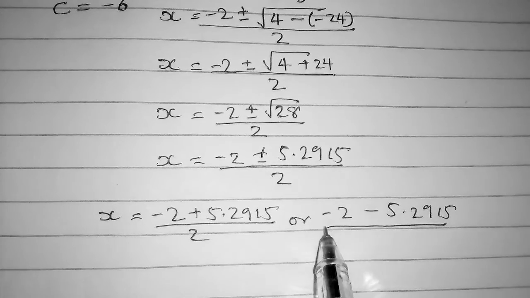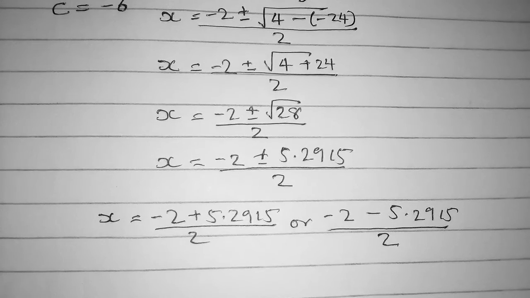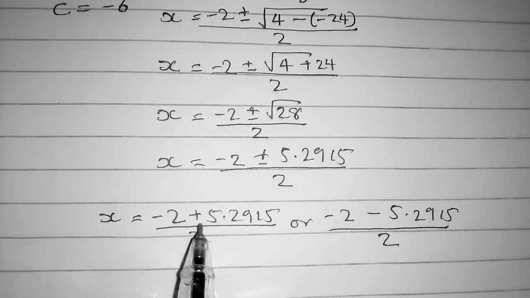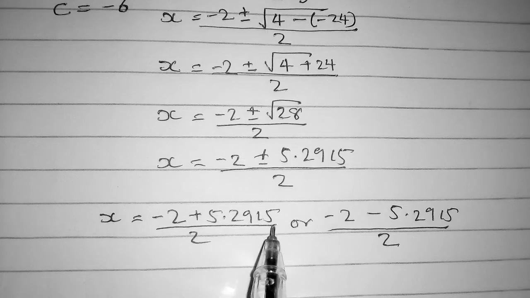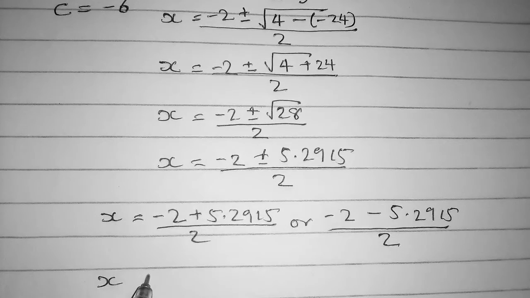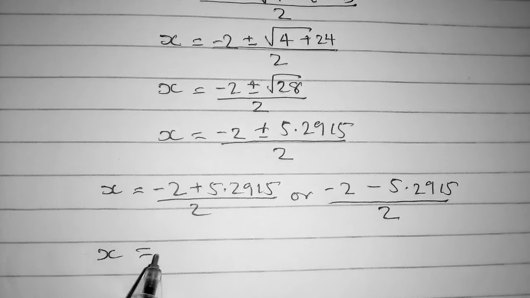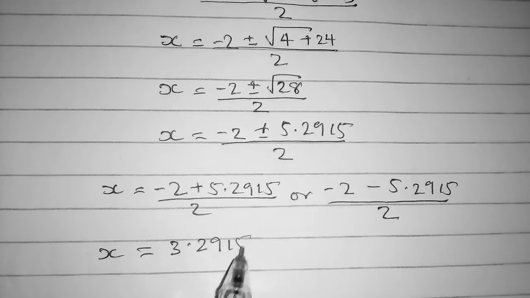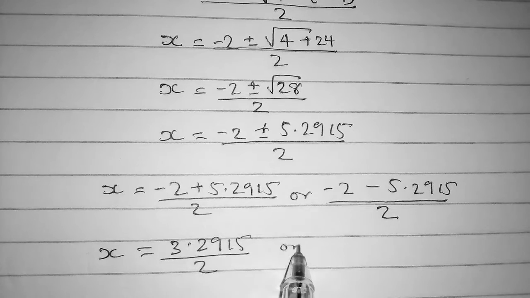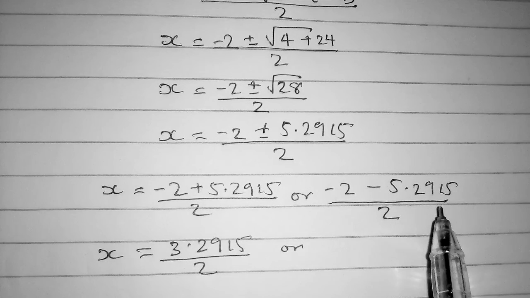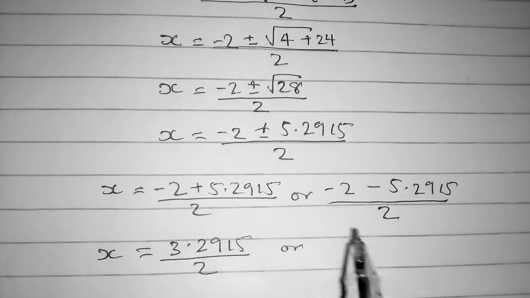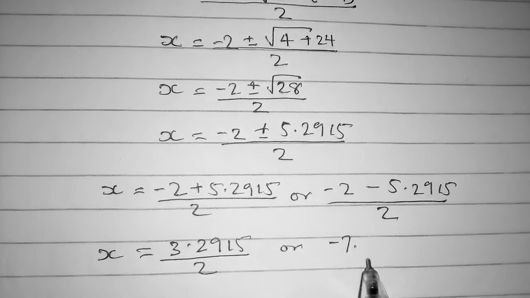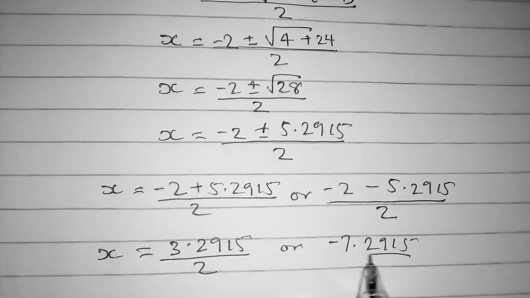So minus 2 plus 5.2915 will give us 3.2915 divided by 2, or minus 2 minus 5.2915 will give us minus 7.2915 divided by 2.